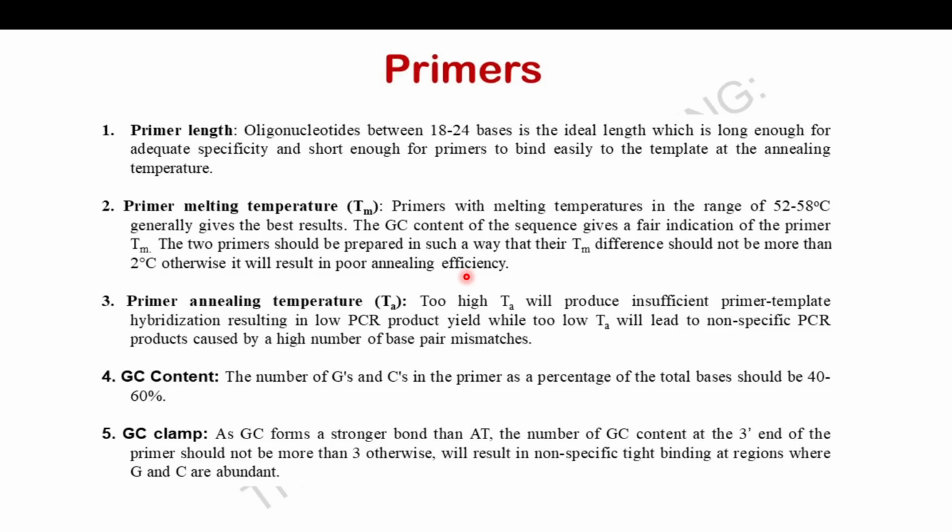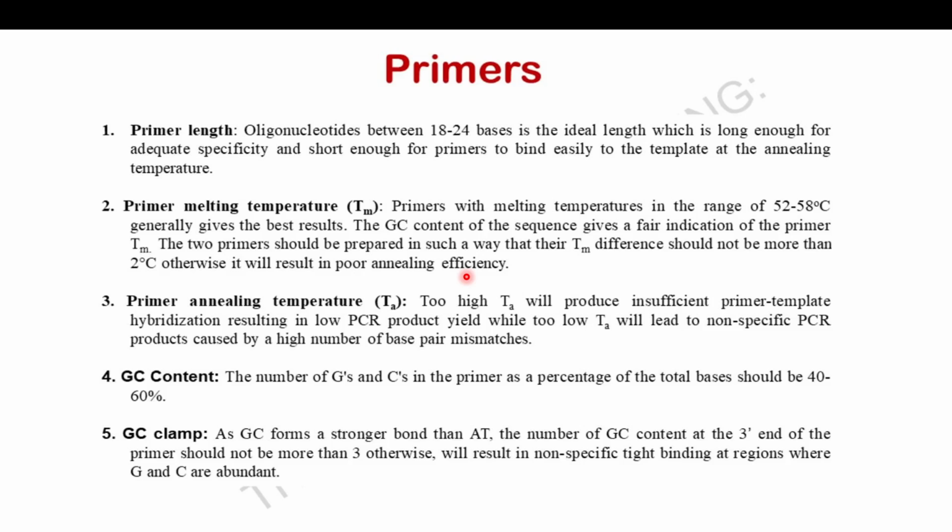Otherwise, it will also result in poor annealing efficiency. Suppose the forward primer is annealing at a particular temperature and the reverse primer can't really anneal at that temperature. Suppose it's not able to form proper hydrogen bonds between the complementary bases.